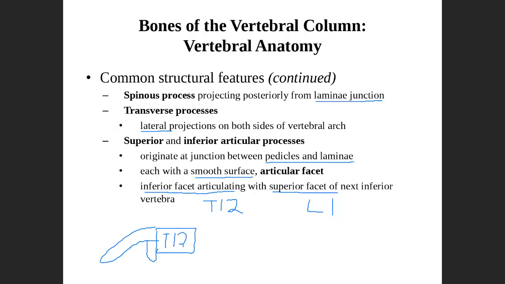And then the disc will sit in here. And then L1 sits right below it. It's got its superior articulating process that comes off of it and articulates with the inferior articulating process of the superior vertebra.